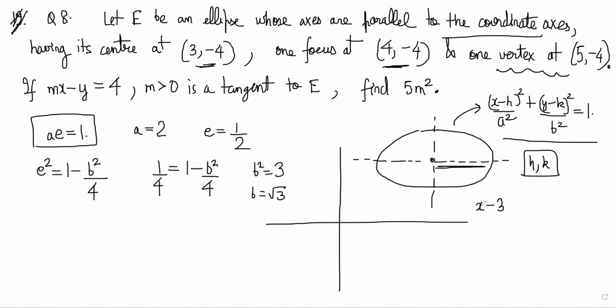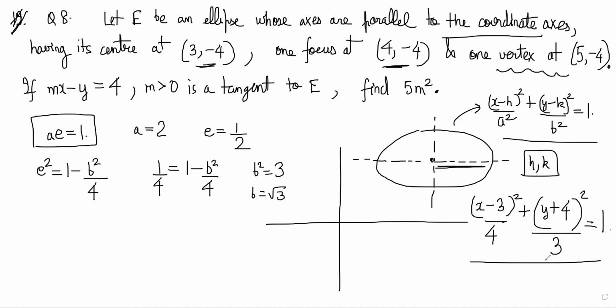So the equation of the ellipse is now coming for us: (x minus 3) whole square by 4 plus (y plus 4) whole square by 3 is equal to 1, right? Now what is the equation of a tangent to this ellipse?